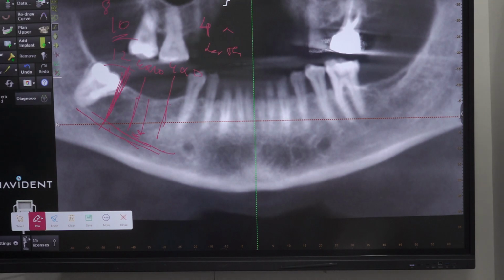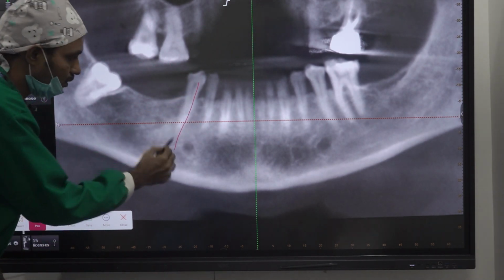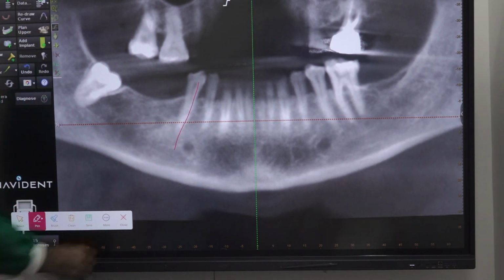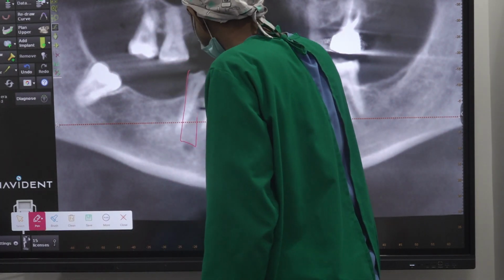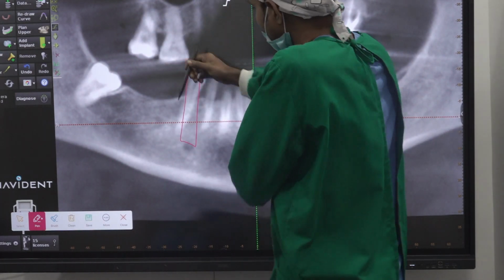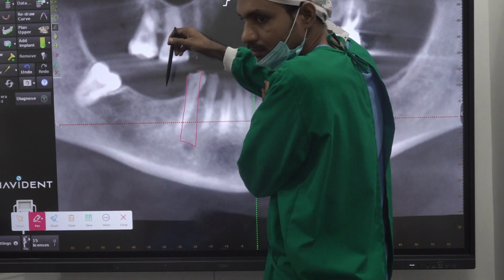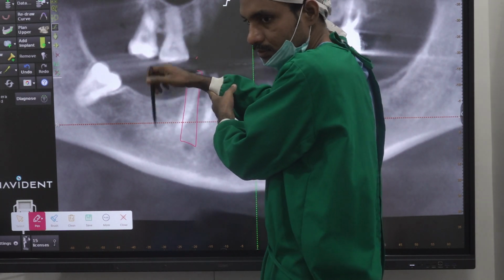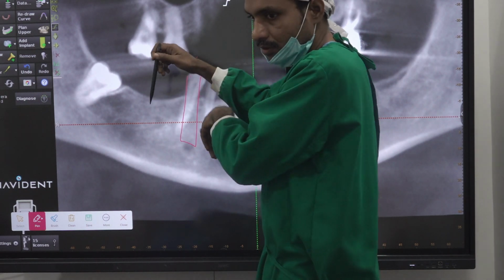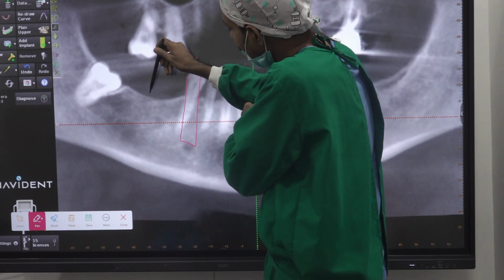So the most important thing is the premolar angulation. Even if the premolar is straight, when we drill, what doctors do, yesterday I observed when he was doing, the drill is moving like this.